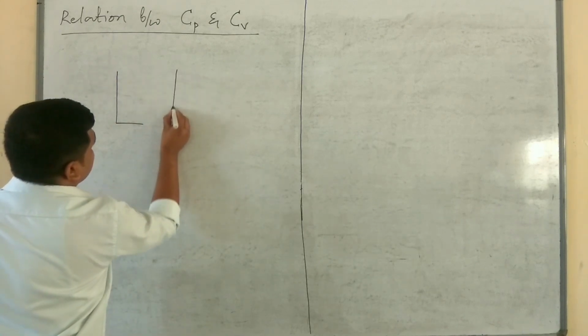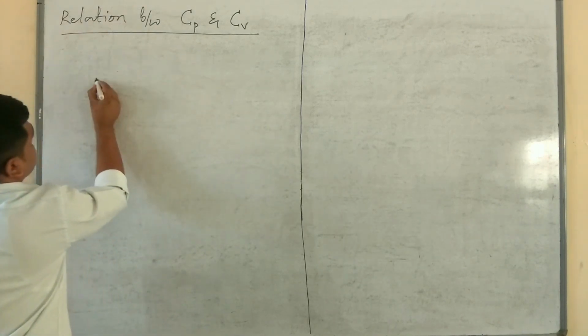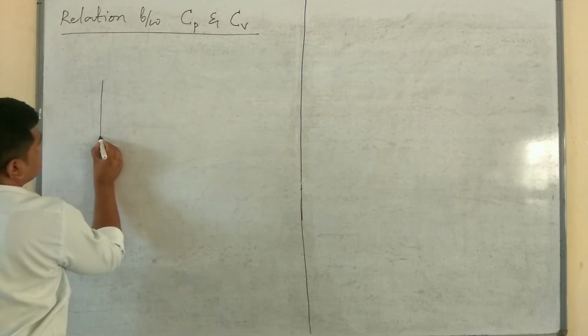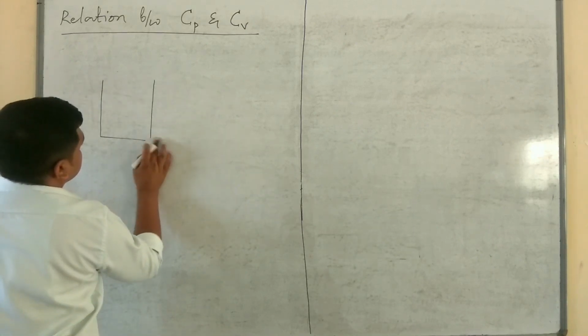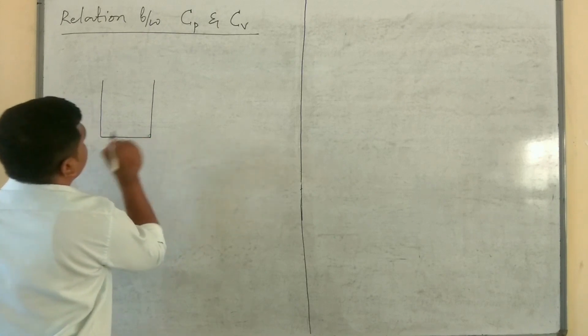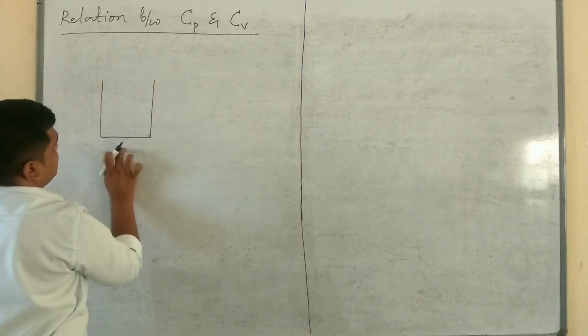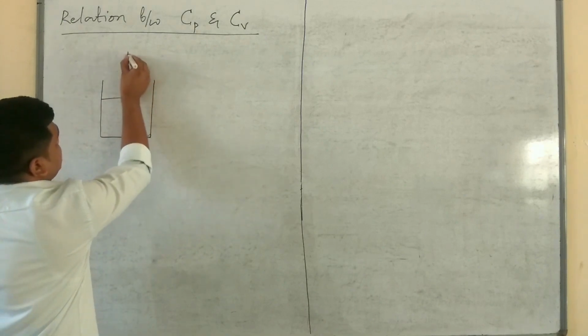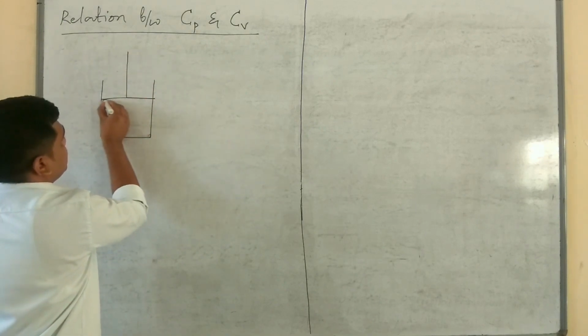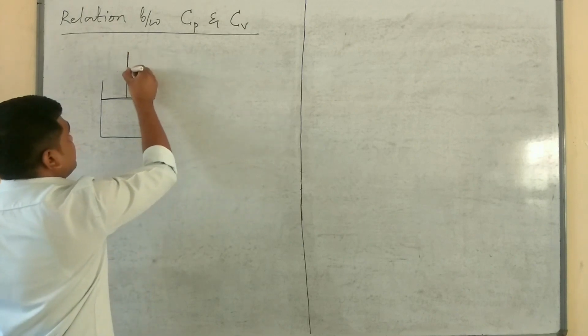Let it be a cylinder with conducting walls, and a piston which is also a conducting one.